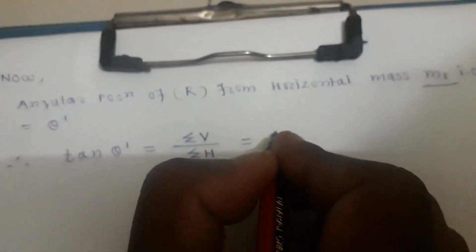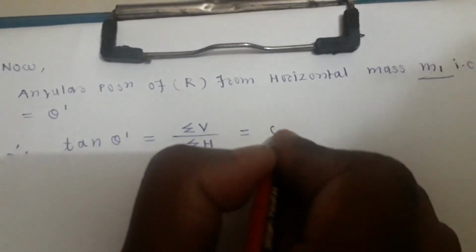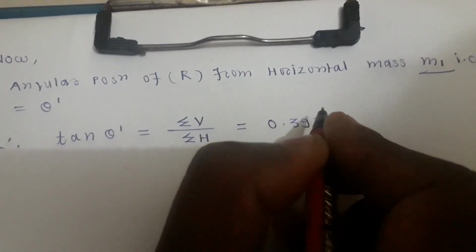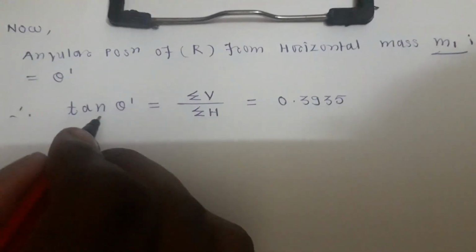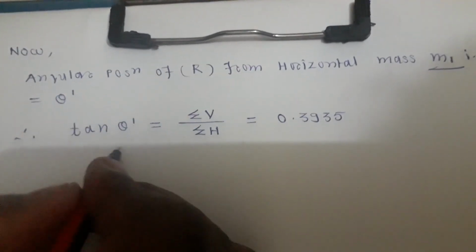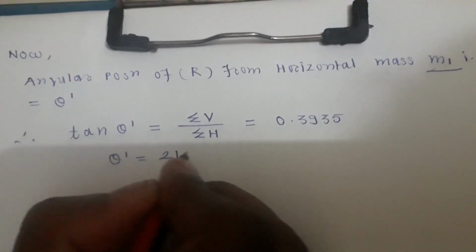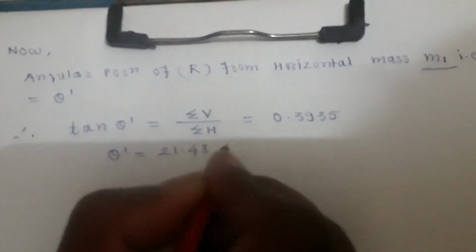So if you put the values, we'll get tan theta dash is equal to 0.3935, and if you take the tan inverse of this entity, we'll get theta dash is equal to 21.48 degrees.